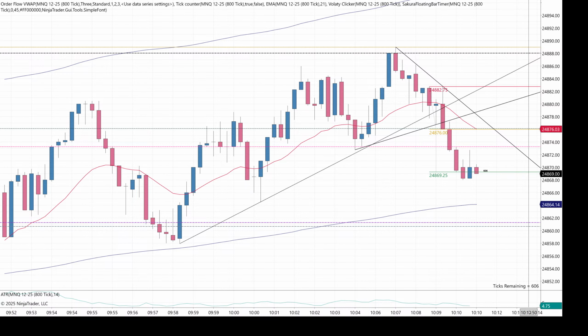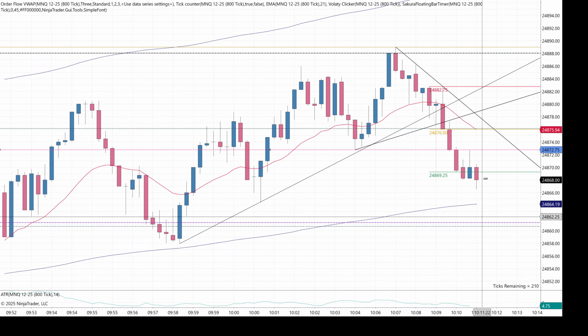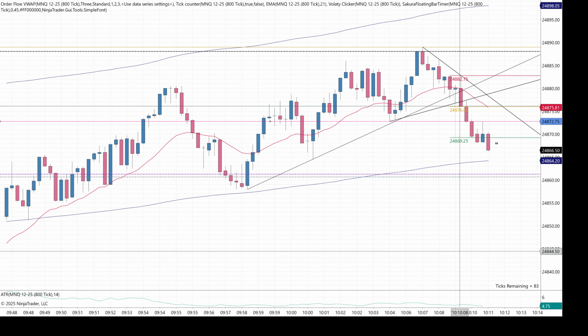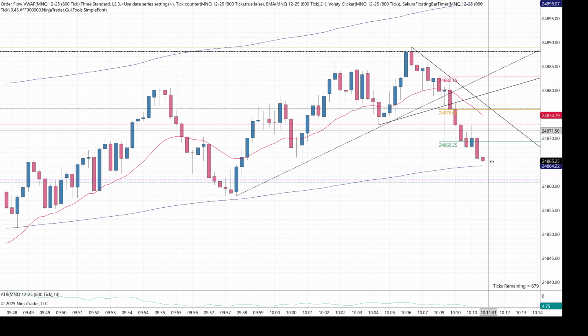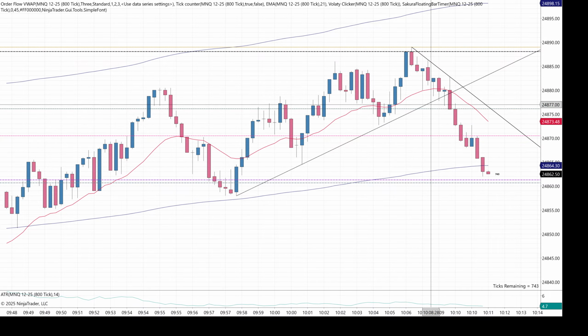The runner is still running. Delete these lines here.